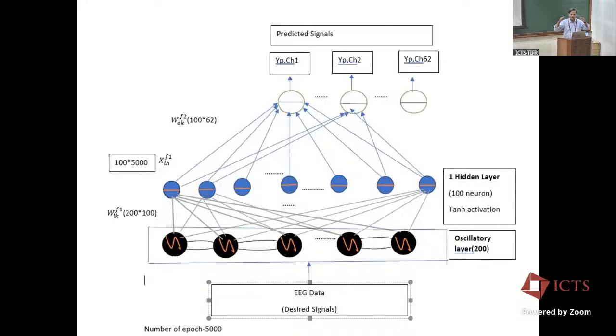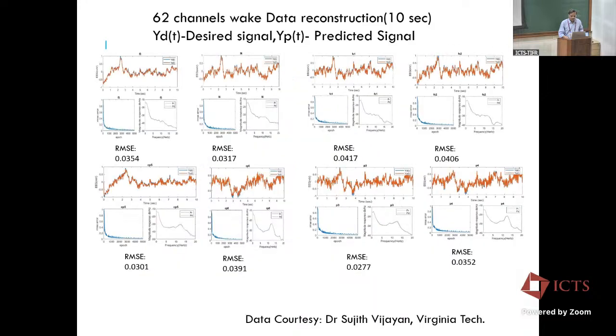You have a bunch of oscillators and take a linear sum of them, and then that's your output. Now between the oscillators and the output, we put a hidden layer of sigmoidal neurons or tanh neurons, like in a neural network, and train this network again using some kind of a complex backprop algorithm. The fit becomes better, the error goes down by an order of magnitude. So it's very accurate.